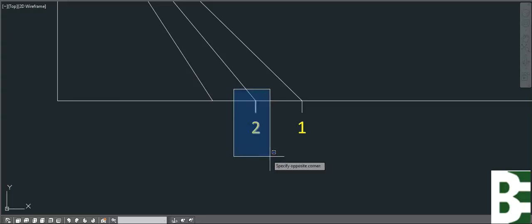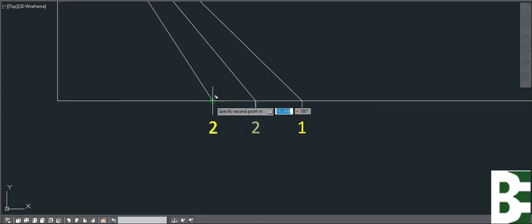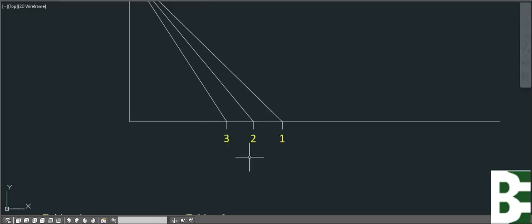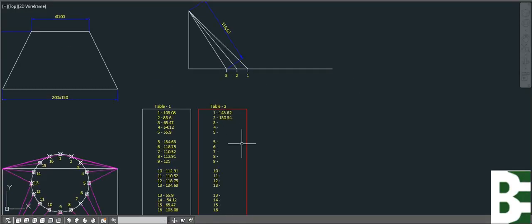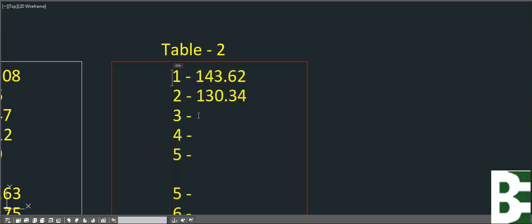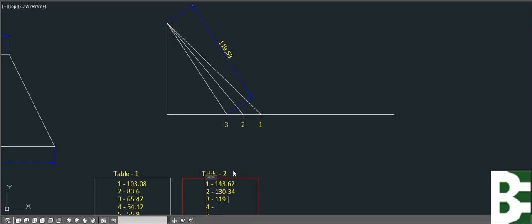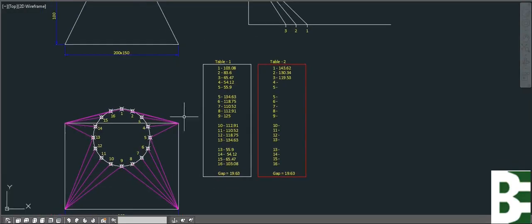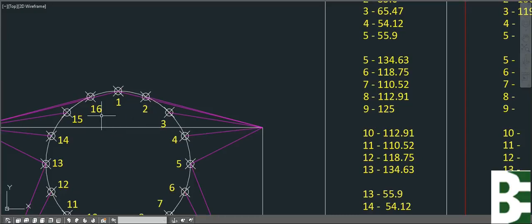It was too close, that's why I put this up. Now this is number 3. Now you can see this number 2 and number 16 are the same dimension.